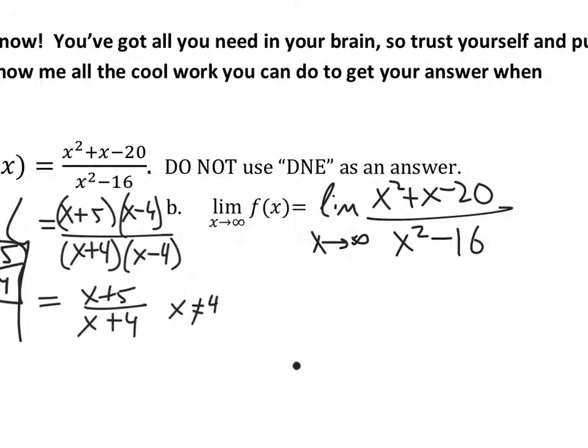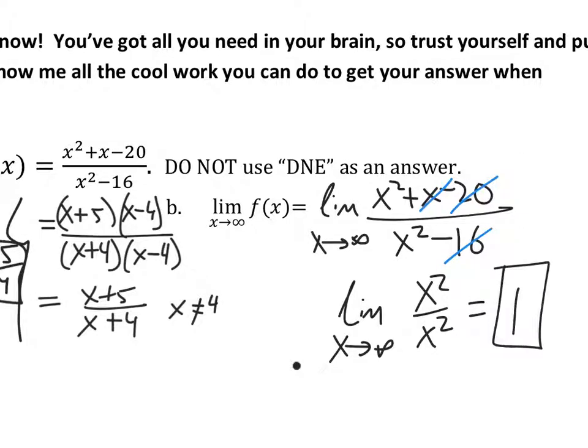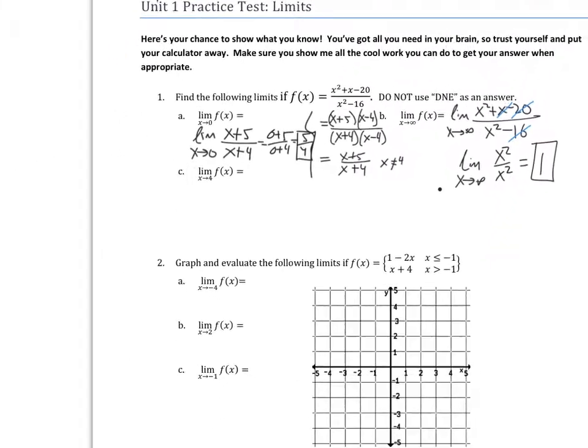And we know that when we go to infinity, the small powered terms don't matter, because at infinity, infinity squared is going to be the most important. And so that is just going to be the limit as x goes to infinity of x squared over x squared, which is just 1, because x squared over x squared is 1.